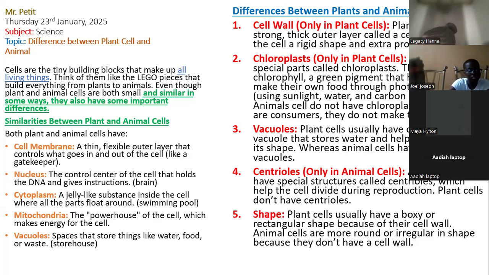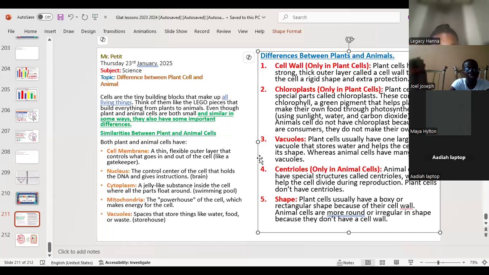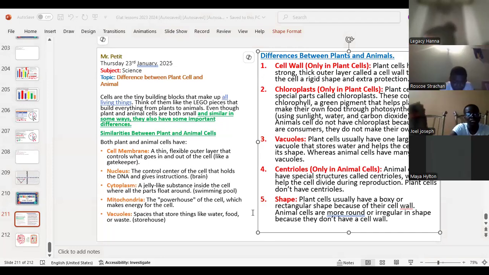This is what I want you all to do. I want everyone to do this quiz and then you can go back to the notes. I'm going to put a quiz inside the chat. Whether you finish the notes or not, I need you to do the quiz and then you can go back to writing your notes.